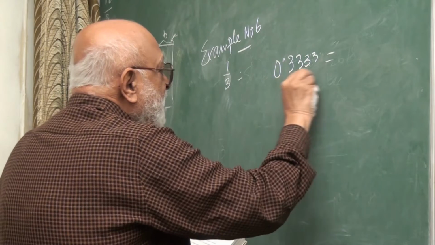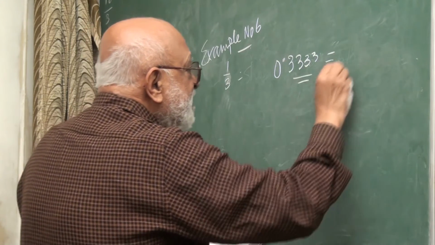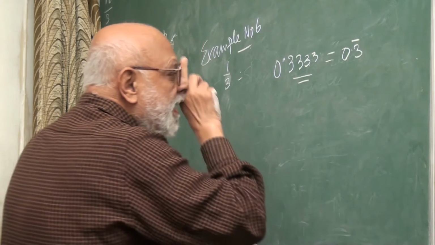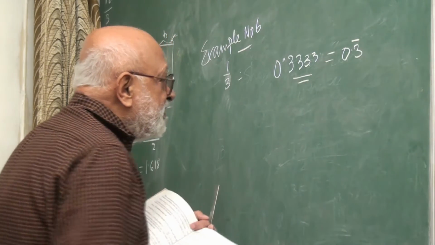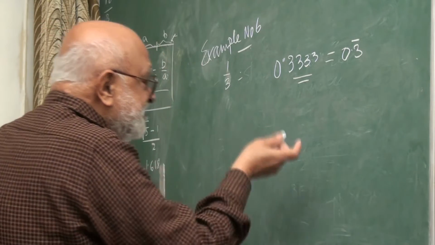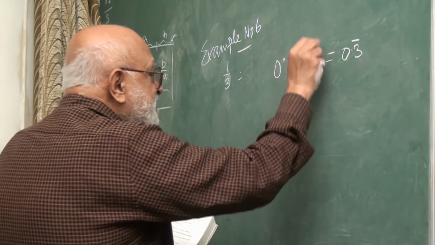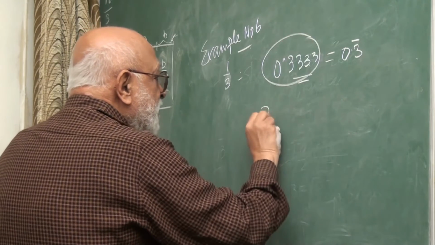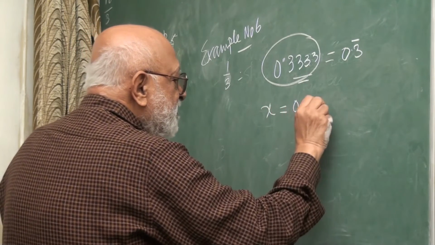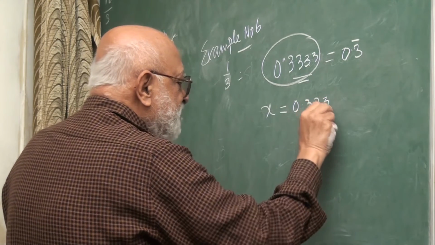How do I write it down? I can easily shorthand it by writing 0.3 with a bar, whatever is under the bar is recurring. The easiest way this is done is that you take this equal to x. So x equals 0.333, with 3s going on.